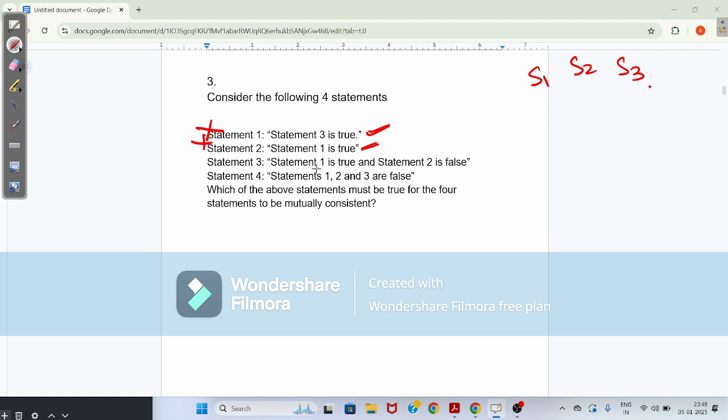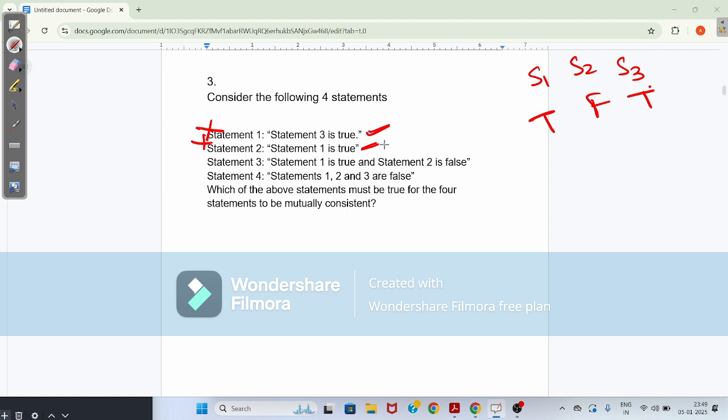Now statement 3 is saying statement 1 is true and statement 2 is false. When statement 1 is true, it is saying statement 3 is true. And statement 3 is saying statement 1 is true and statement 2 is false. But what is statement 2 saying?